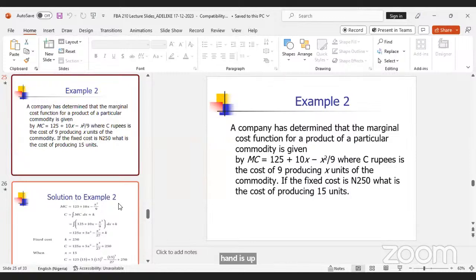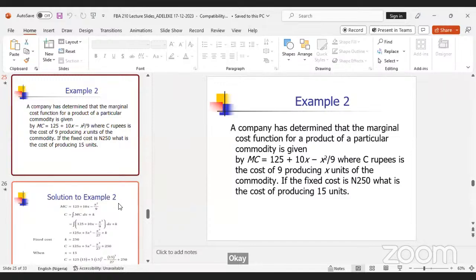The second example: a company has determined that the marginal cost function for a product of a particular commodity is as given. So you have the marginal cost as 125 plus 10x minus x squared all over 9.